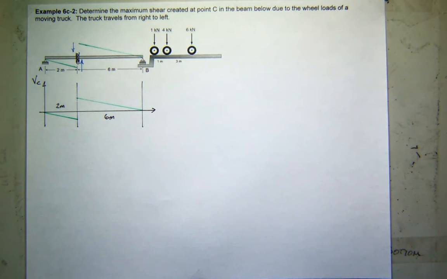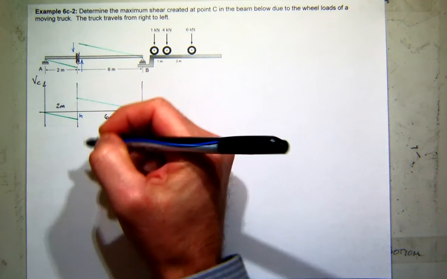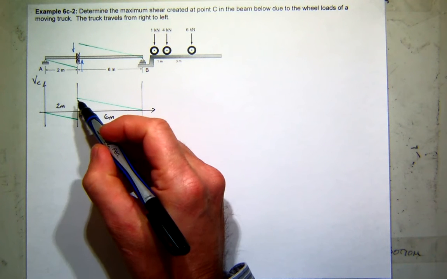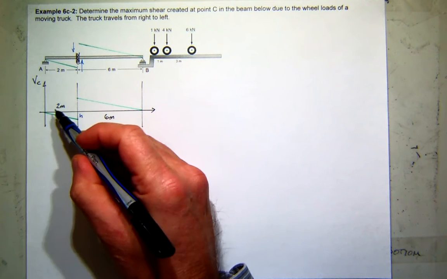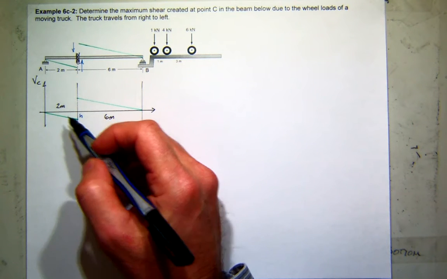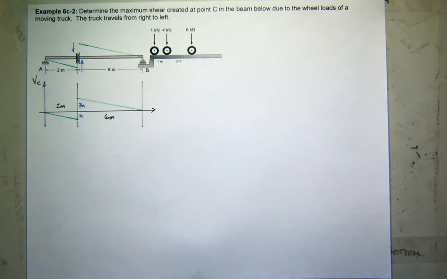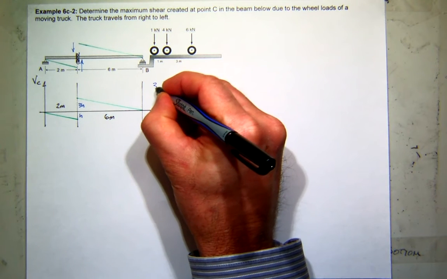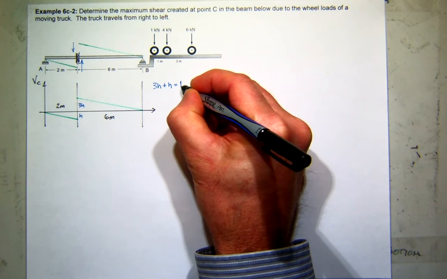Right? So let me again come in here and say, what is this height right there, h? So 2 is to h as 6 is to? Well, 6 is 3 times bigger than 2, so this should be 3 times bigger than h. And I know if you add those together, 3h plus h should be 1.